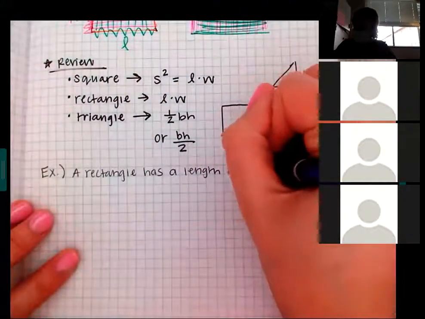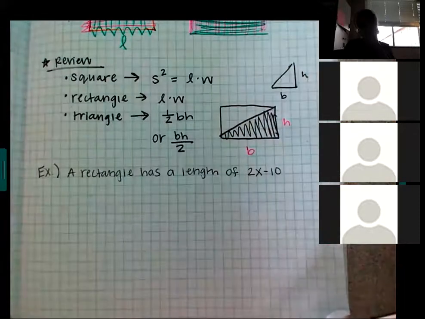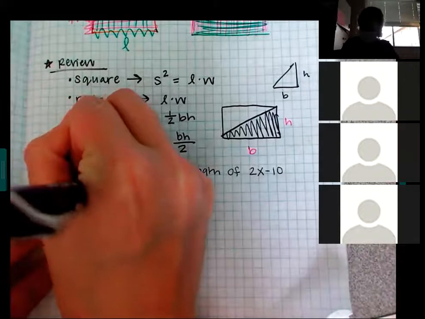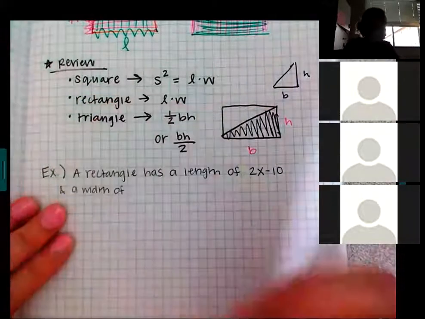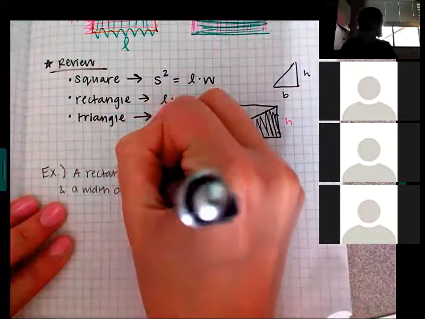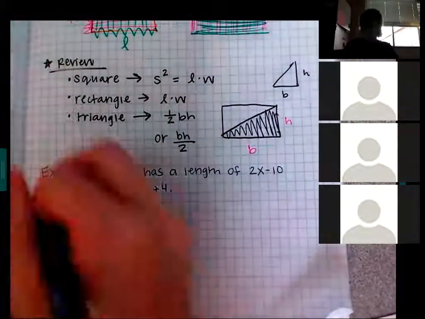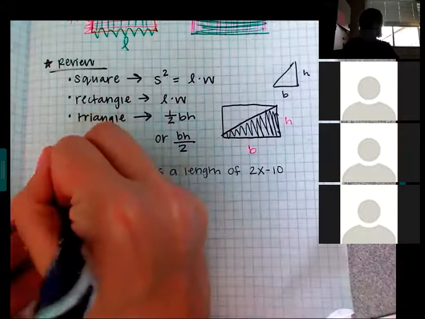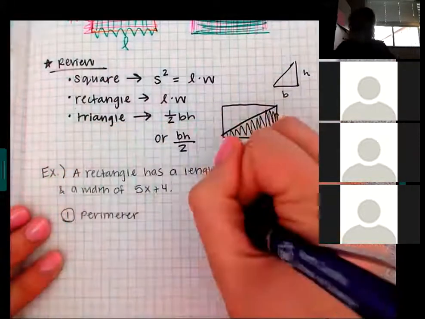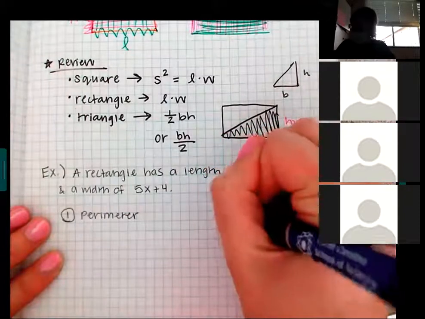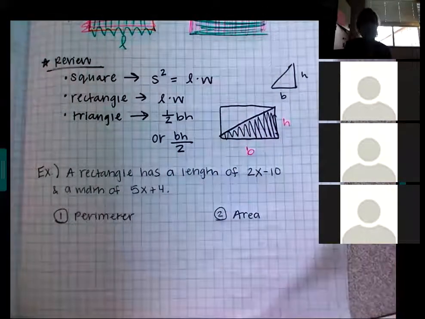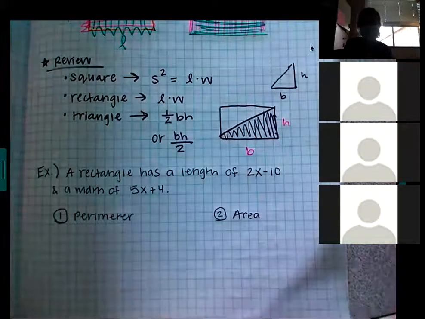Of 2x minus 10 and a width of 5x plus 4. So the first thing we're going to find is the perimeter. And the second thing we're going to find is the area. So I'm going to pause and let y'all copy that. My online babies, y'all know if you got a question.